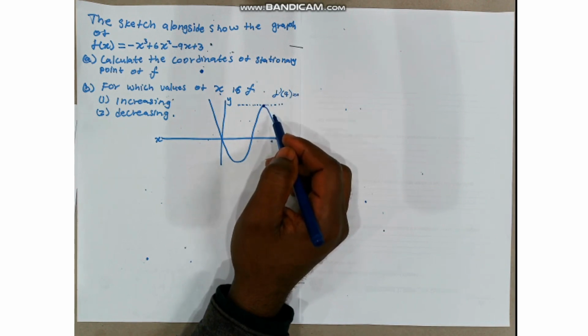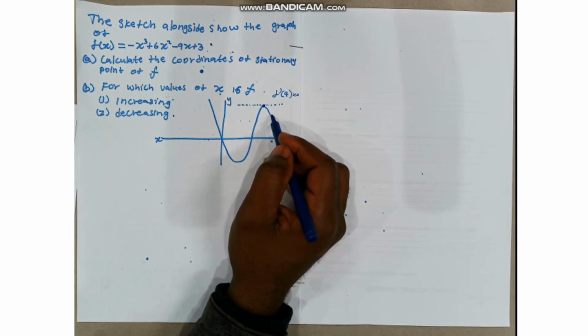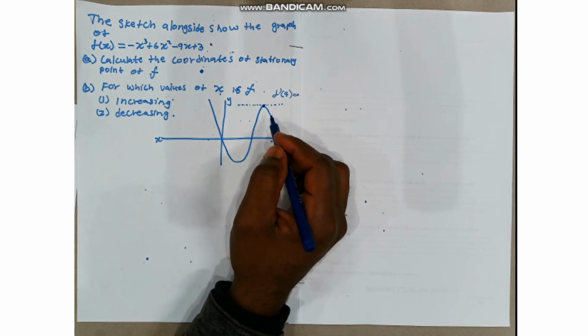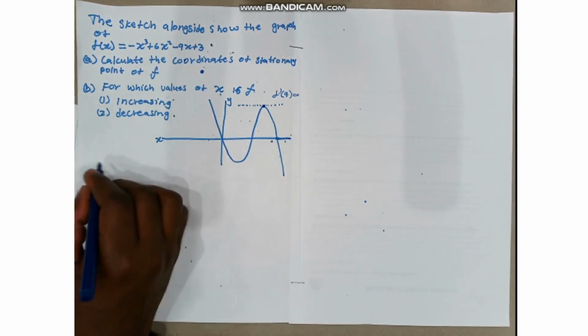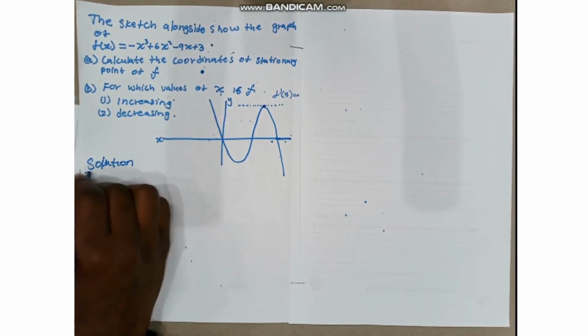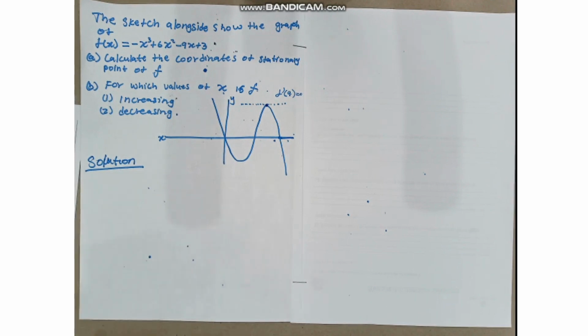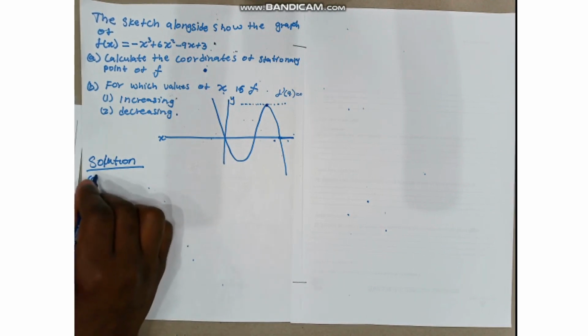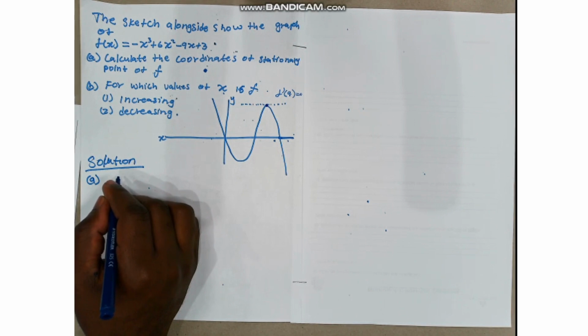So now we'll calculate the coordinates of this stationary point. How do we calculate the coordinates of a stationary point? They have given us this function, and they say we must calculate the coordinates of a stationary point. Remember, the stationary point is where the gradient is 0, where our derivative is 0.